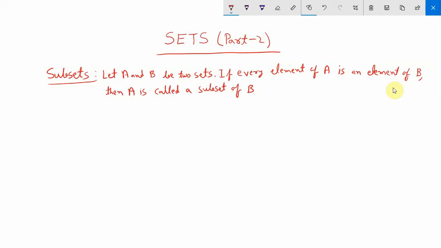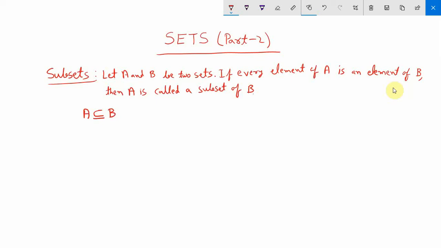So we normally denote a subset by the symbol ⊆. If A is a subset of B, then we write A ⊆ B. So A is a subset of B. Okay.